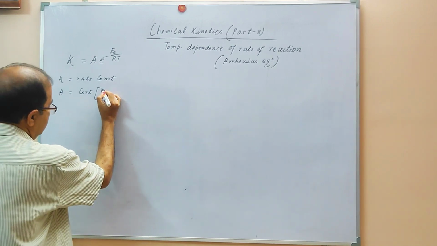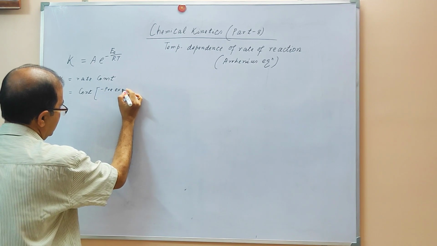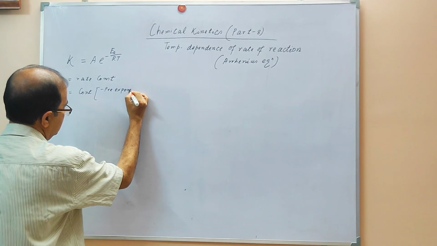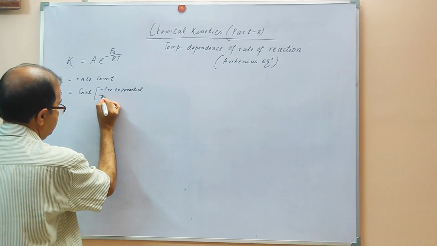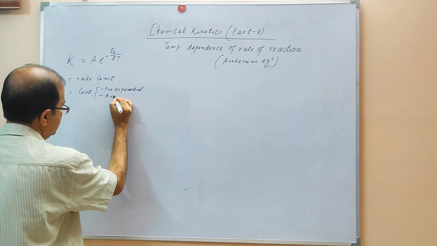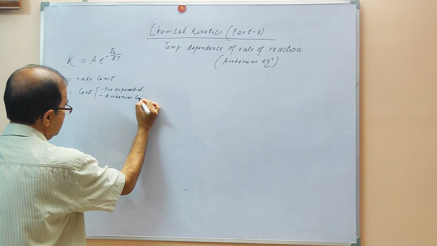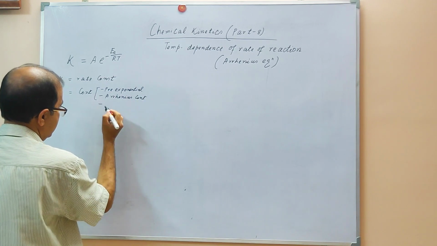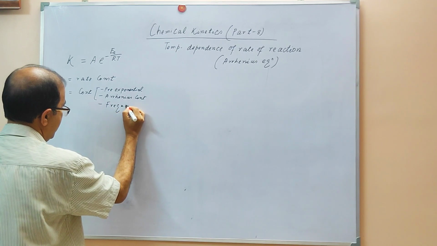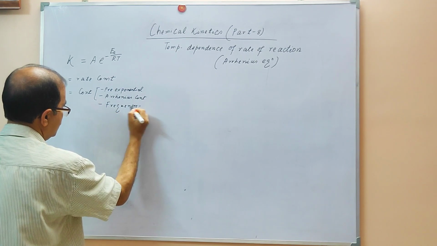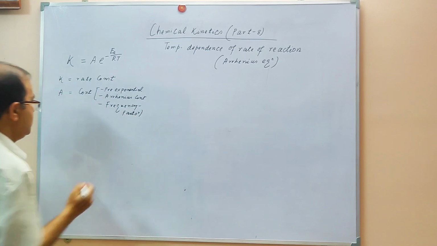It is called the pre-exponential factor, one name. Another is Arrhenius constant. And another name, that is frequency factor. Why it is frequency factor? That we will also understand. So it has three names.